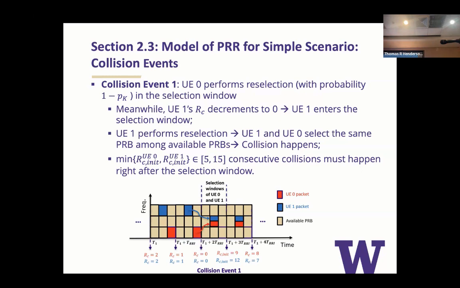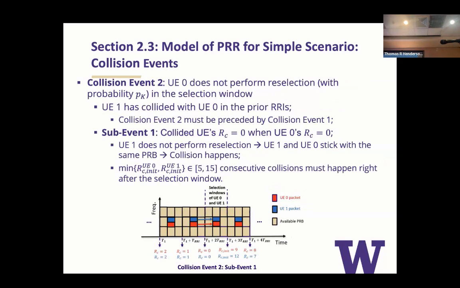So in this case, there will be 9 consecutive collisions right after the overlapping selection window. Because our initial RC value ranges from 5 to 15, there will be a minimum of 5 consecutive collisions right after the selection window, right?